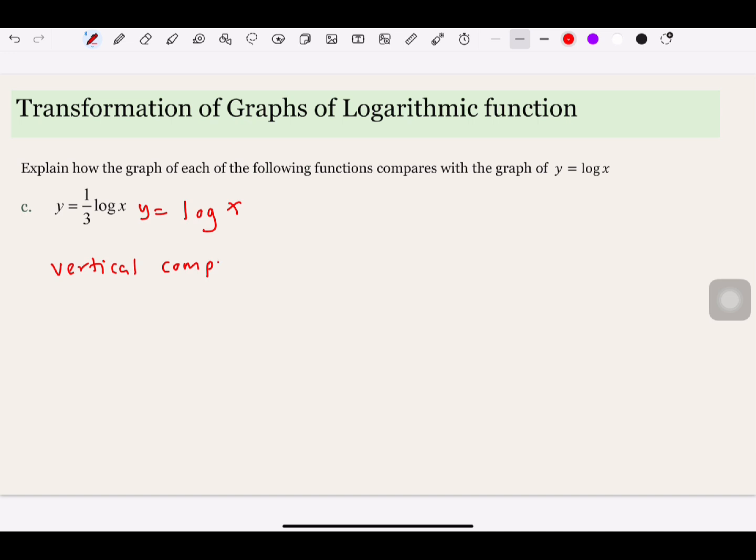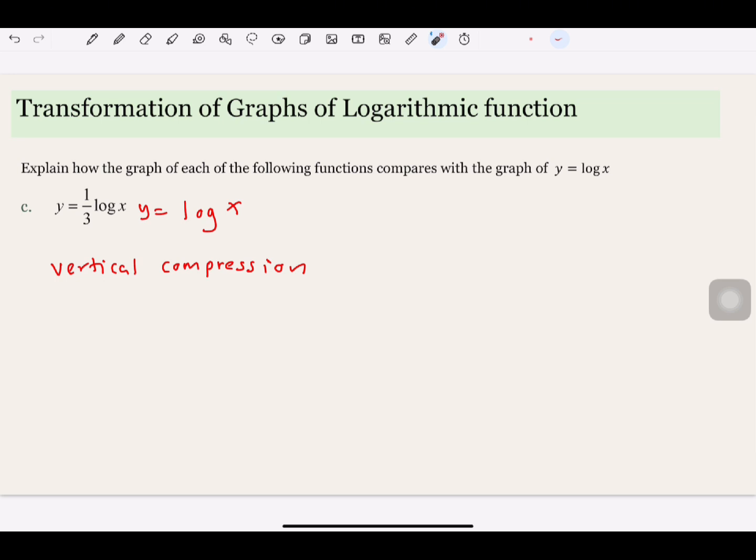You have the factor 1/3 in front of the logarithmic function, and this causes the vertical compression. Because this 1/3 is less than 1, it flattens the graph. Every y value is now 1/3 as tall as the original graph. The graph still passes through 1, 0, but it rises more slowly.